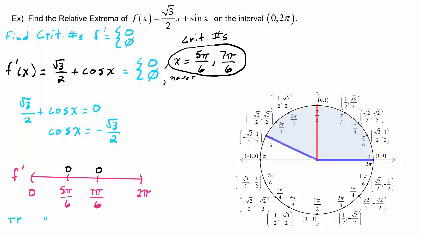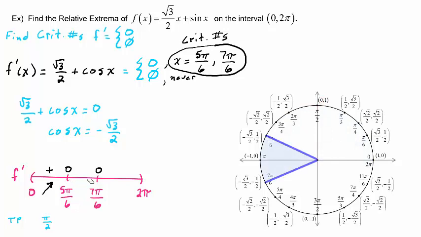So let's use that one. We know that the cosine of pi over 2 is 0, so then f prime would just equal rad 3 over 2, which is a positive number, which means f will be increasing in that interval.